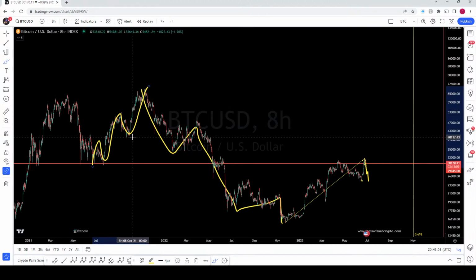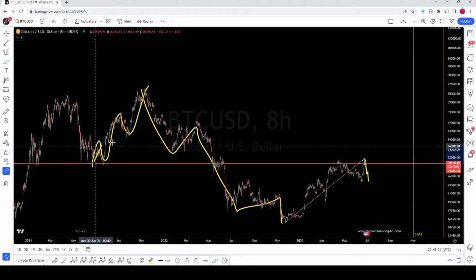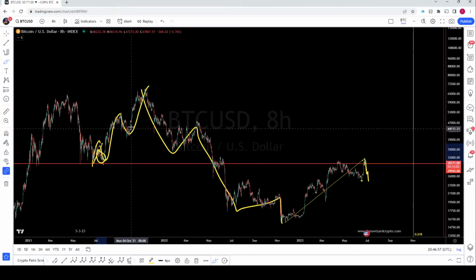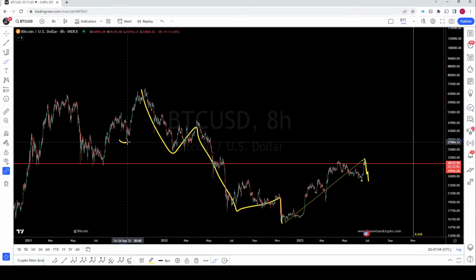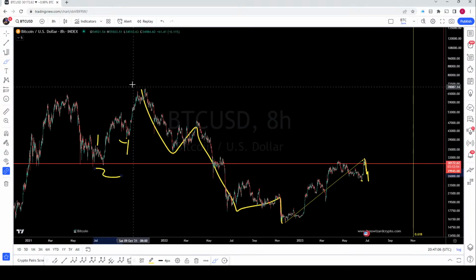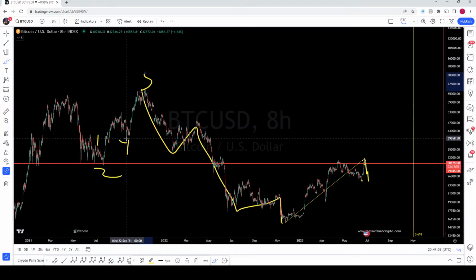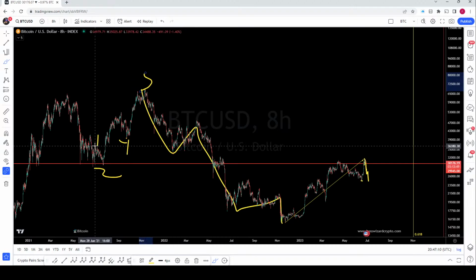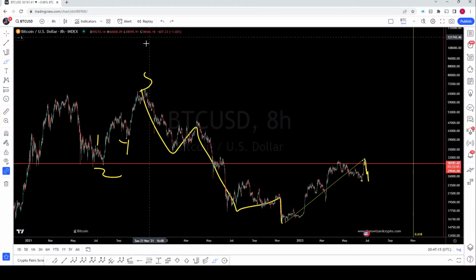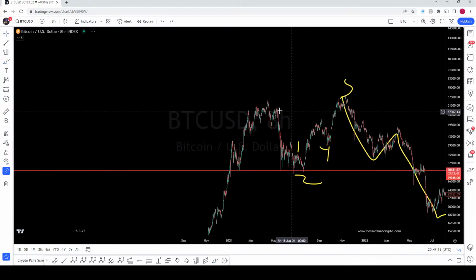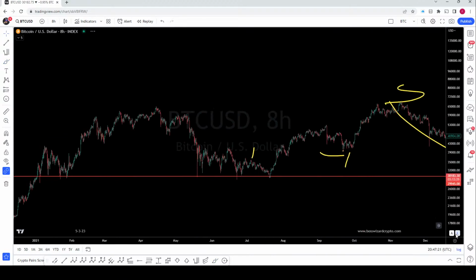It can't be a diagonal because, 1, the first wave doesn't meet a diagonal, and then the second wave and the fourth wave have no alternation. And in the 4, if this is going to be your 4 for a 5-wave move, if this is going to be your 4, it doesn't go past the start of 1, which is a rule for a diagonal. And if you come down to the 1, we'll zoom in more.